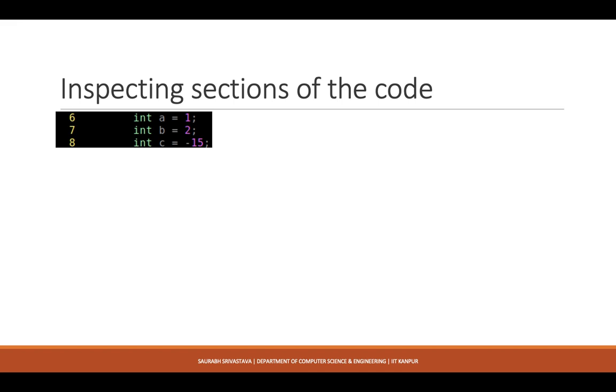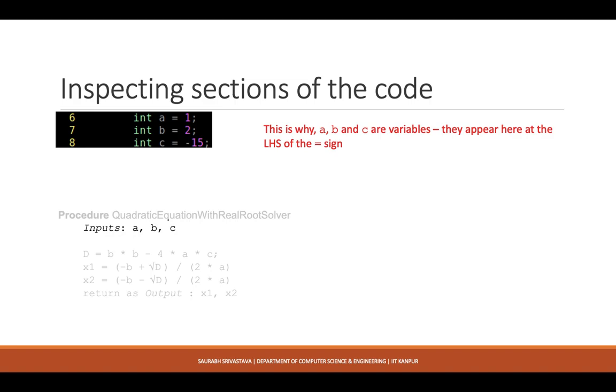Lines 6, 7, and 8 are actually declaring three variables. And now if we go back to that discussion that we had, what exactly is a variable and what exactly is a constant, one of the things that I said was that if there is something that can appear on the left hand side of the equal to sign, then that is surely a variable.